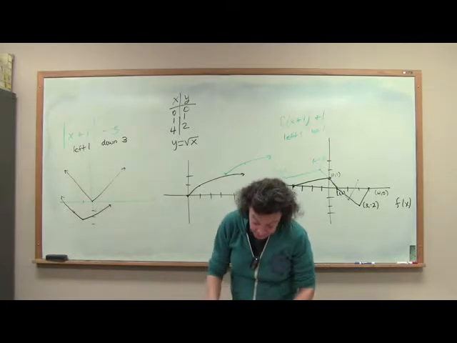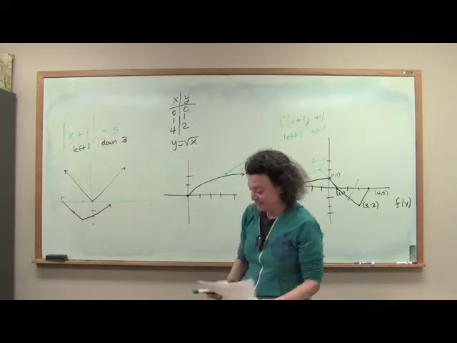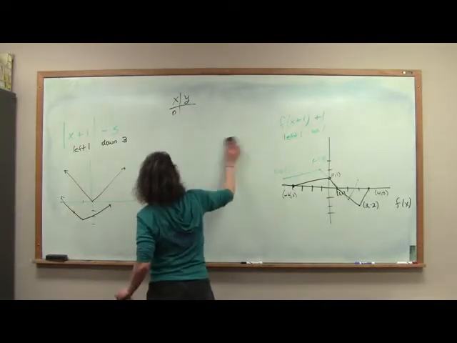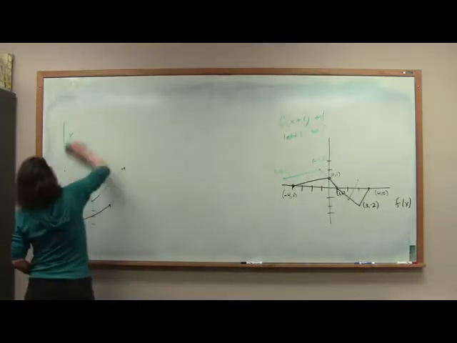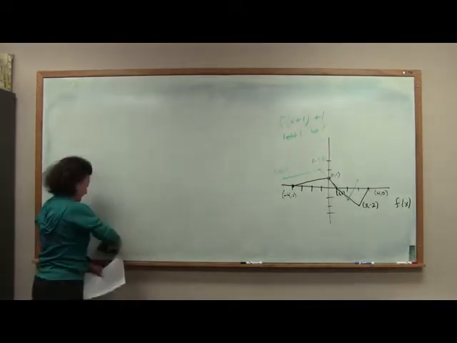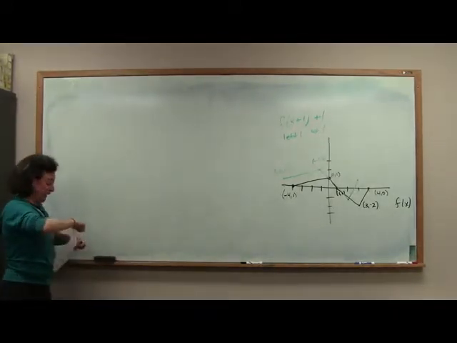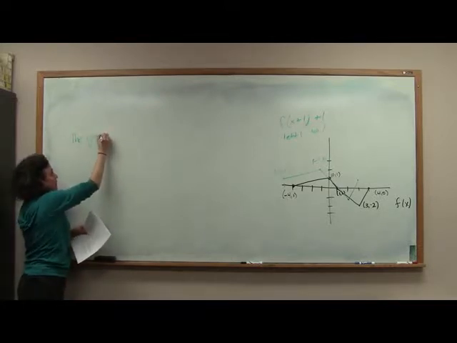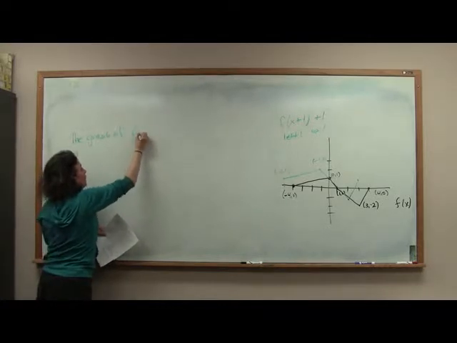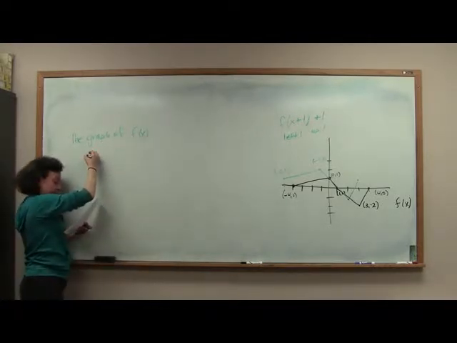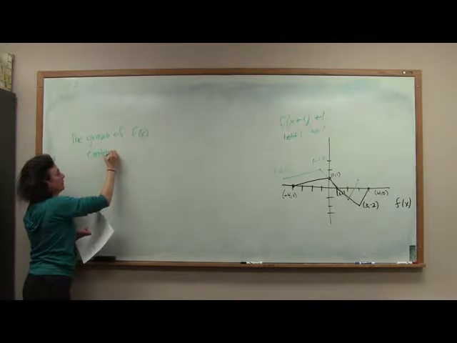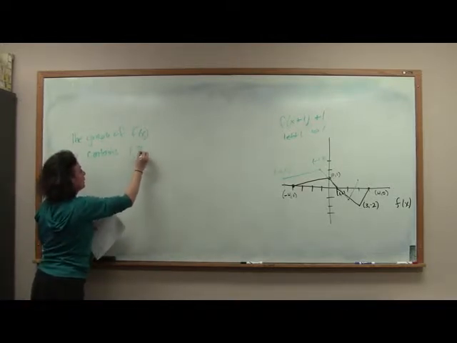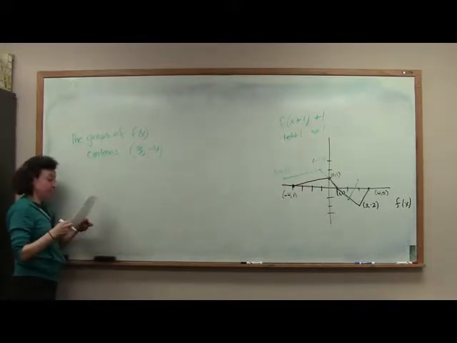Next, let us, oh, this is a cute way of looking at this. Okay, so this says that the graph of our function f of x contains the point 3, -4.